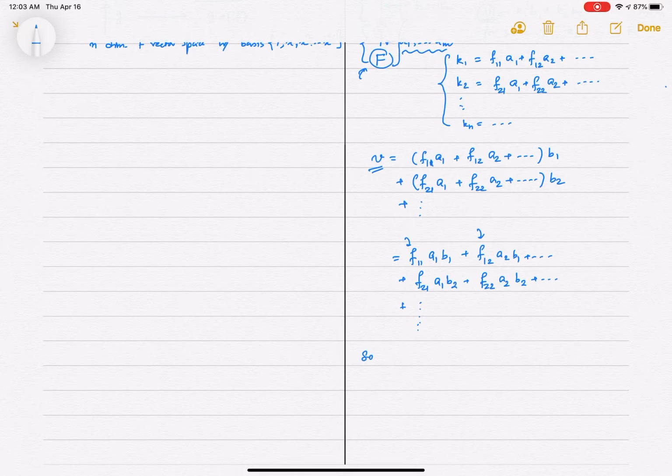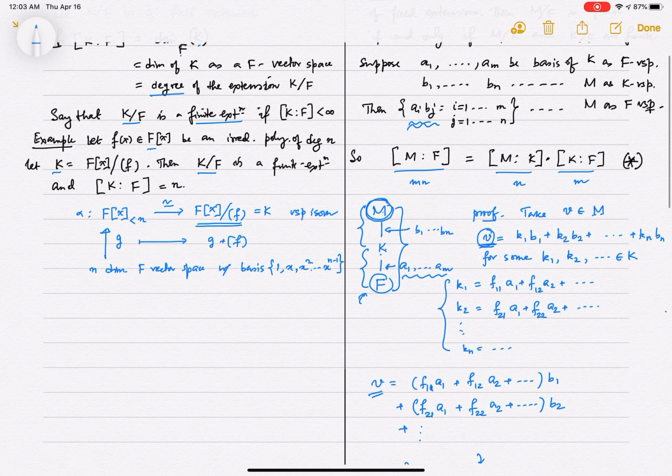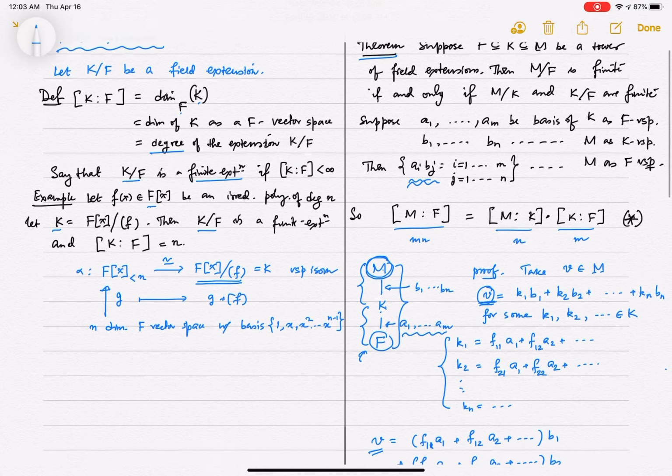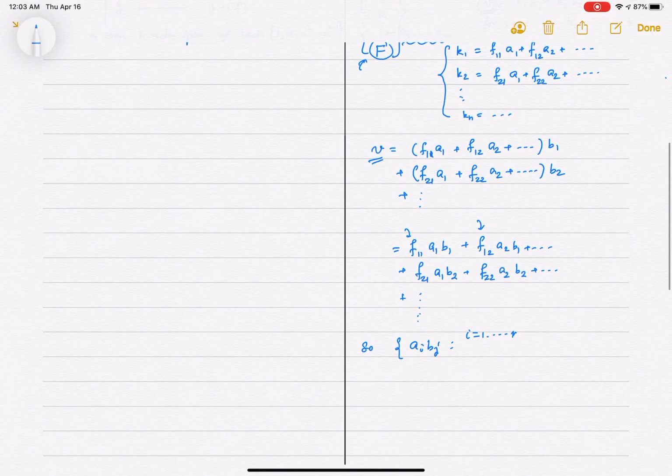So these AiBjs, how many there are? The i's go up to M and the j's go up to N. Form a basis.